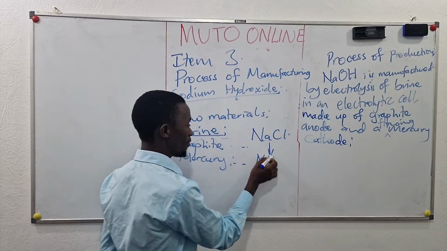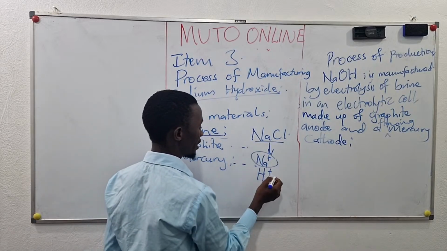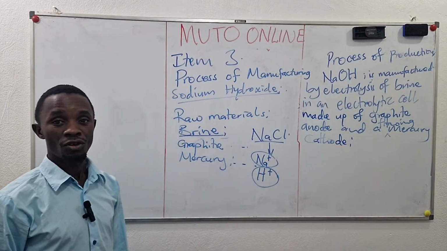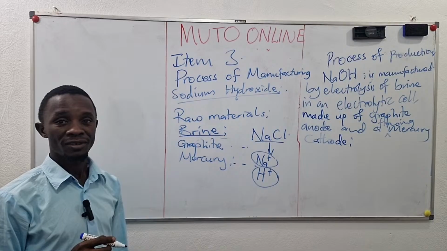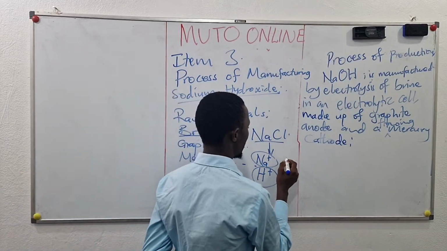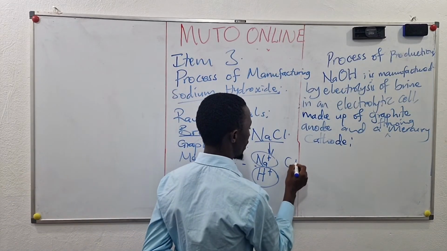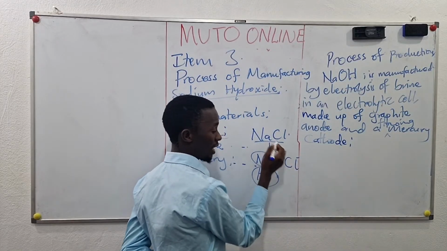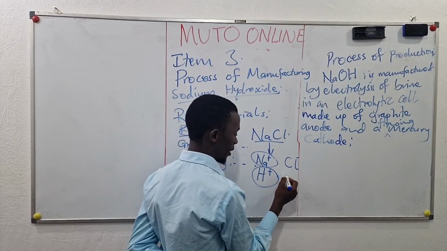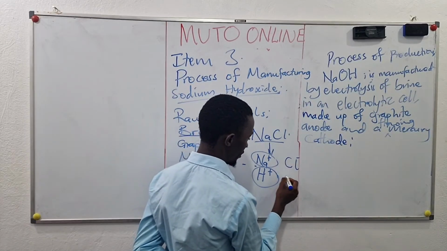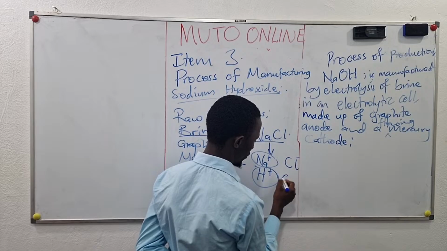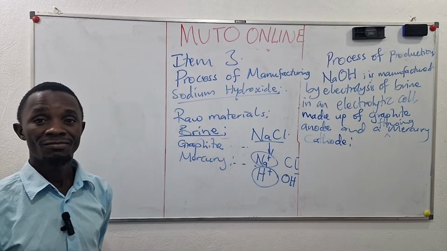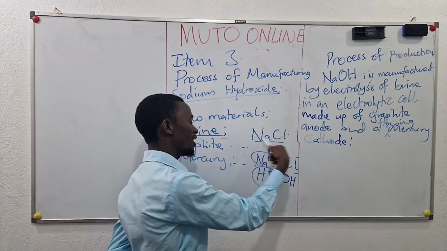The sodium is from the ionization of sodium chloride and the hydrogen from the ionization of water that is making it a solution. And then the anions that we shall form shall have the chloride ions from the ionization of the sodium chloride, and the hydroxide ions from the ionization of water, which is making this brine a solution.